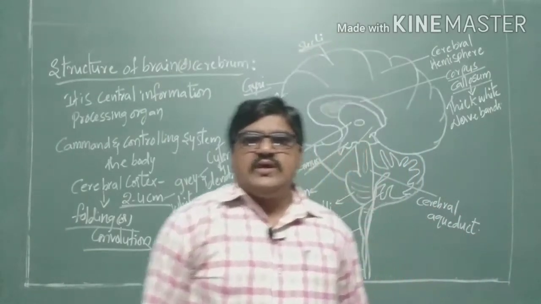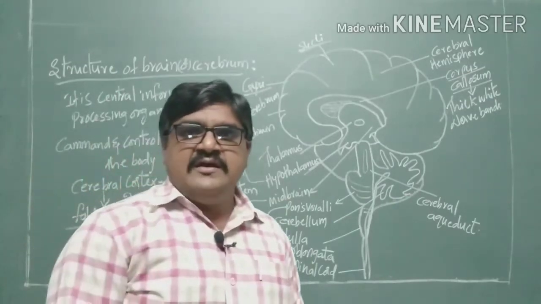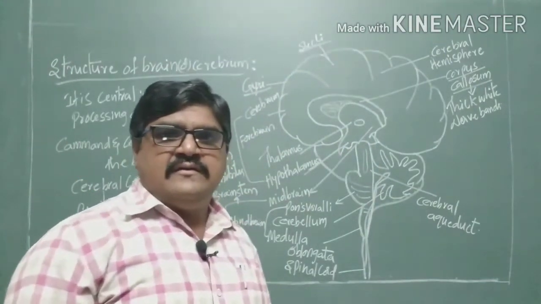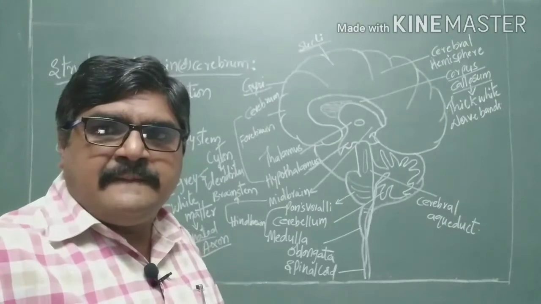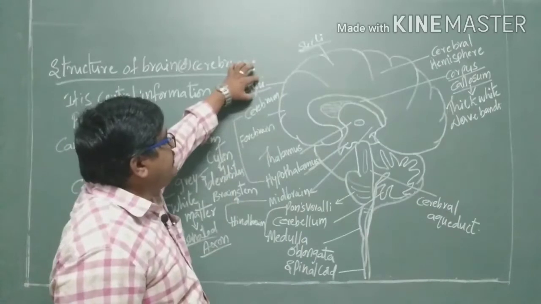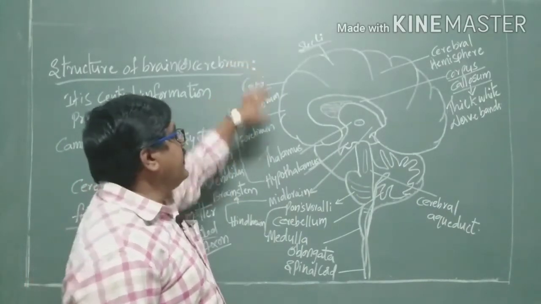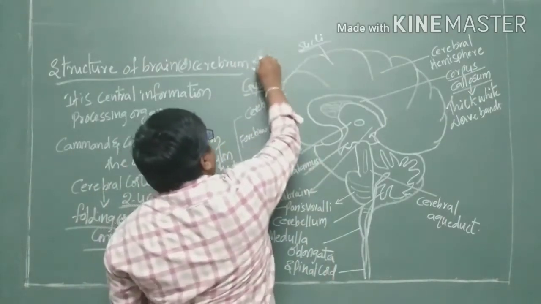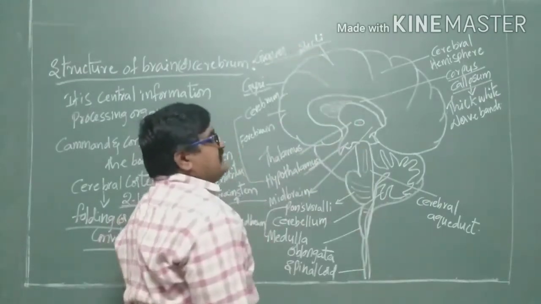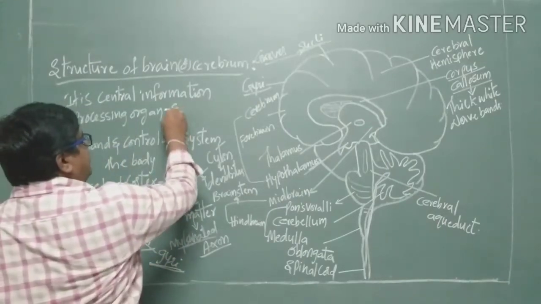That means between two gyrae you have the sulci. The foldings are called gyrae, and the two gyrae are separated by grooves, and those grooves are called the sulci.